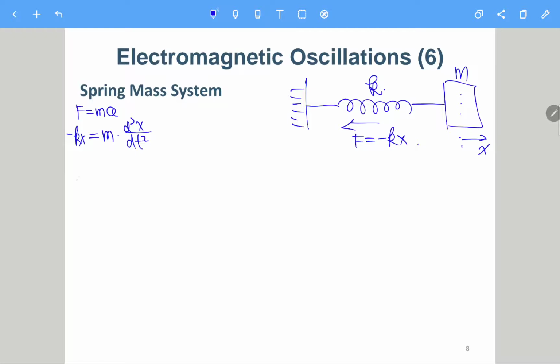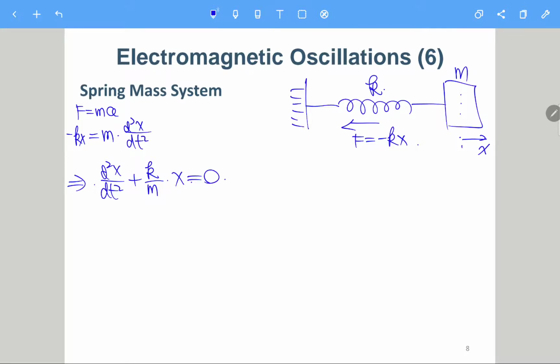So we can slightly rearrange the terms: d²x/dt² plus k over m times x equals 0.